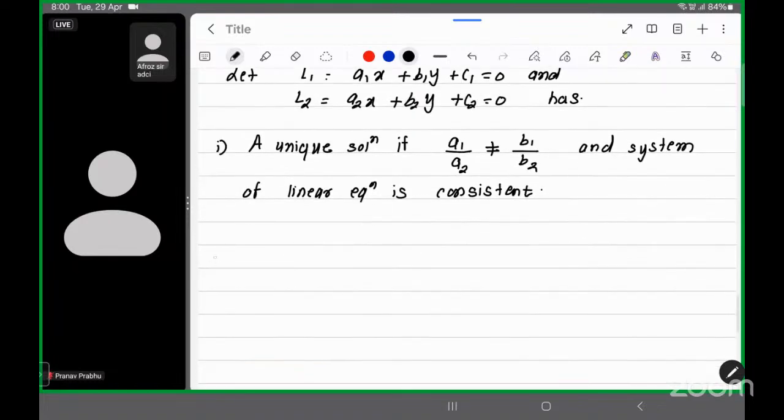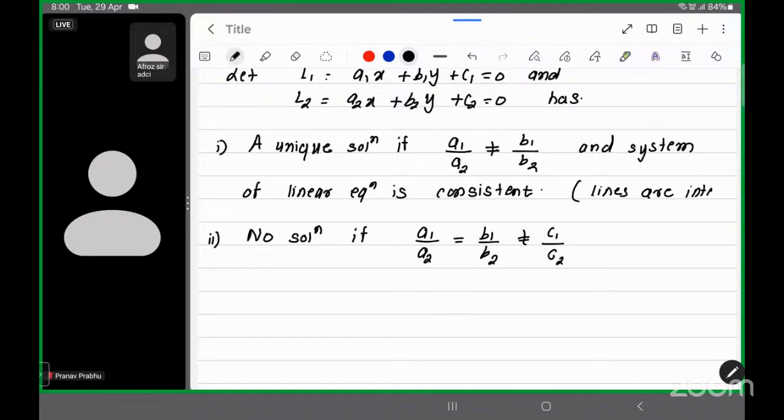Second point, these two lines have no solution if a1 by a2 is equal to b1 by b2 is not equal to c1 by c2. Remember, a unique solution means lines are intersecting.